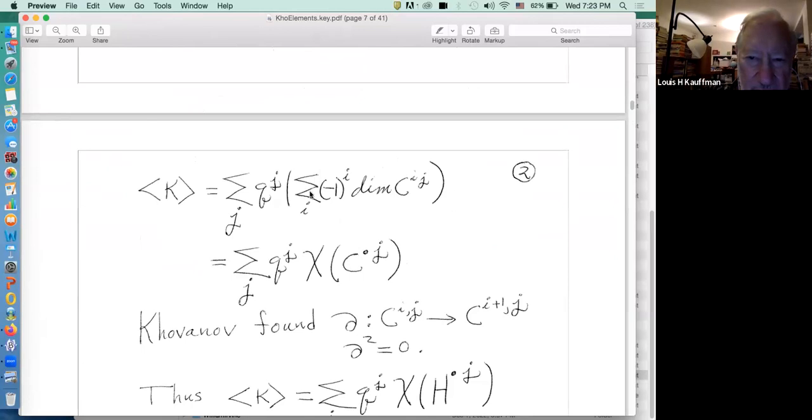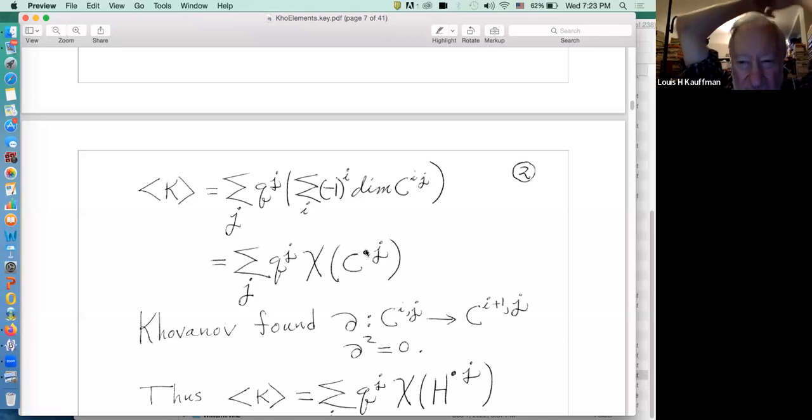But now, if you're familiar with homological algebra, it occurs to you that this looks rather like the Euler characteristic of something if the j were a fixed j, and this was a chain complex involving the i's. So we could take that as, we can call that Khovanov's stream. Maybe Khovanov went down this line.